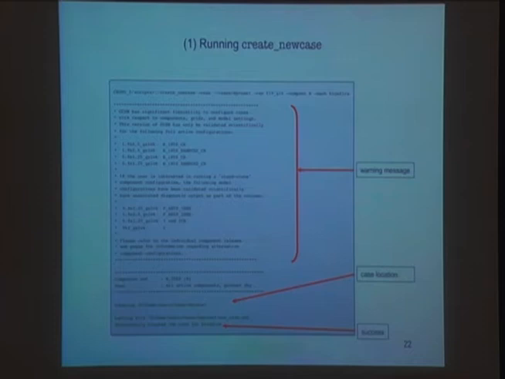So here's what you would see on your screen if you actually ran this create new case command, the first thing you do to set up your simulation. The first thing you get is a warning. We've scientifically validated certain configurations of this model.